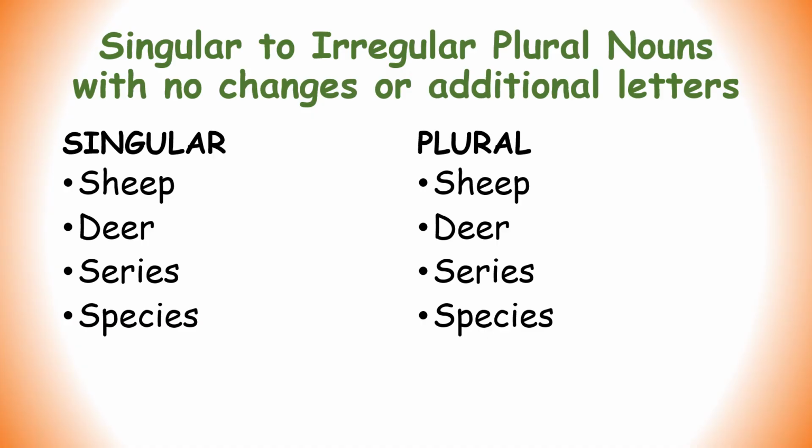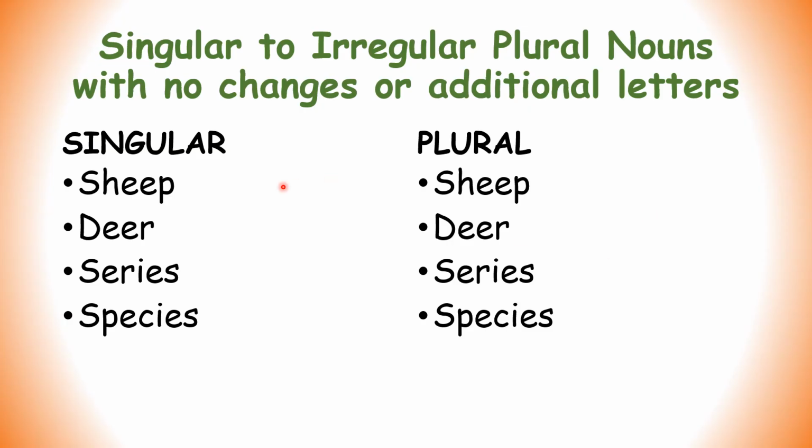Okay, we have come to the last example of singular nouns transformed into plural nouns instead of irregular plural nouns. But this time in this slide, you are going to see words from singular to plural without any changes or any additional letters.